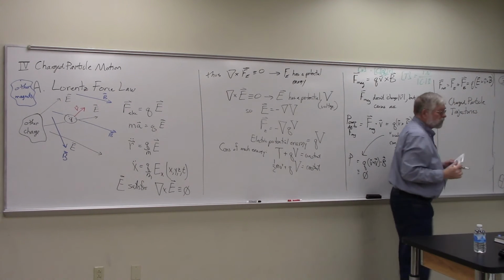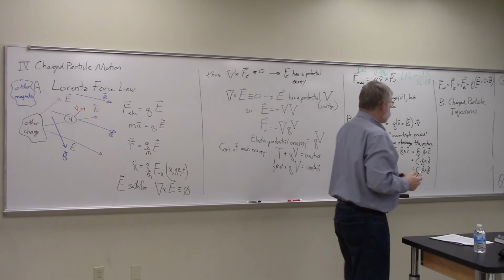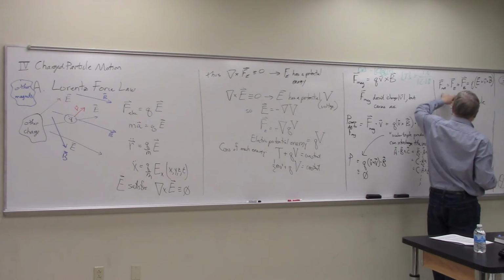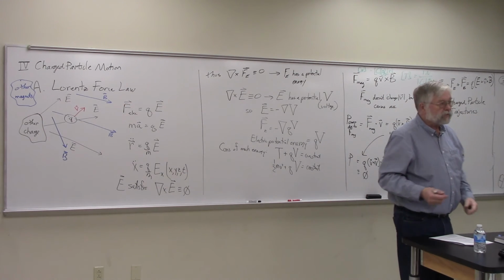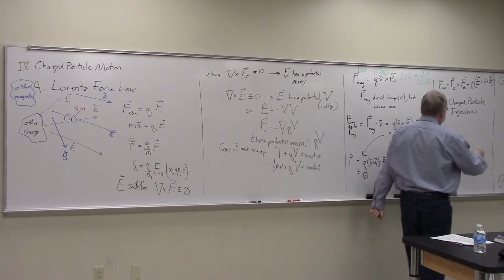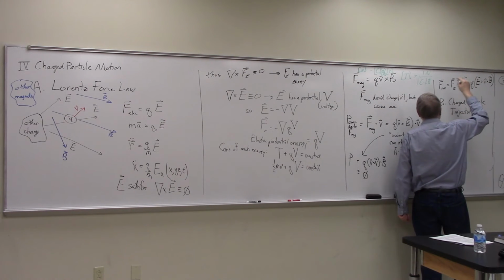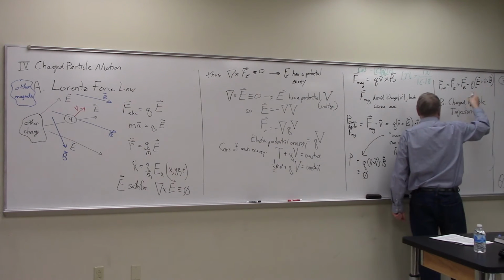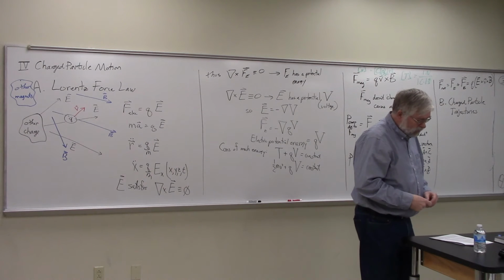Some various types of motion that charged particles can carry out depending on the E and B. Obviously, as in mechanics, you change E, you change the force, which means you change the acceleration, which means you change the velocity, which means you change the path. Or if you change B, you change the force, which means you change the velocity. Oh, but if you change the velocity, then you change that, and it's coupled together in a little more complicated way, perhaps, than you've seen.